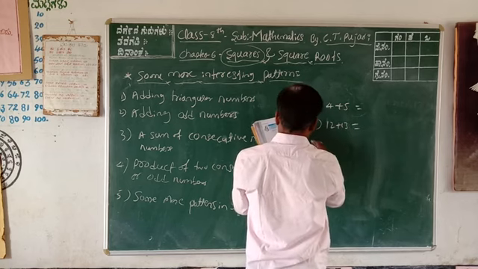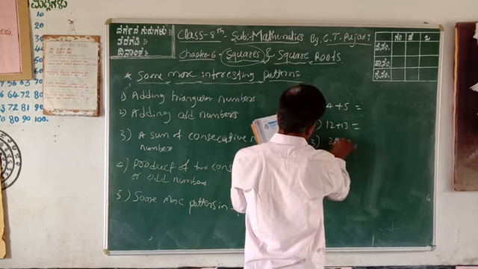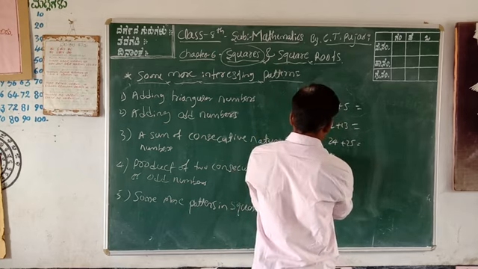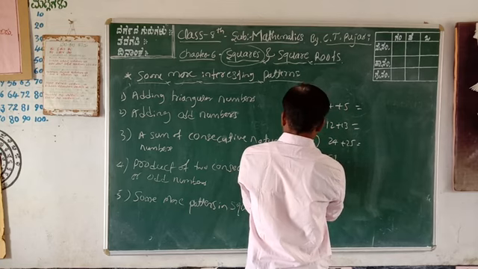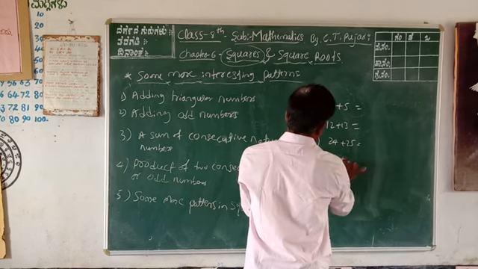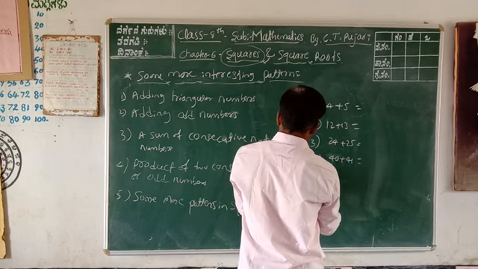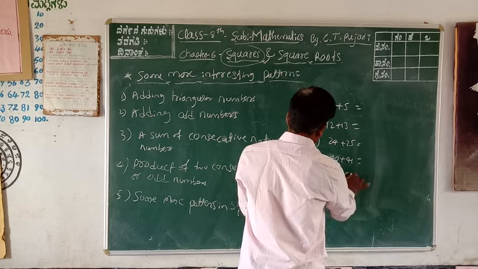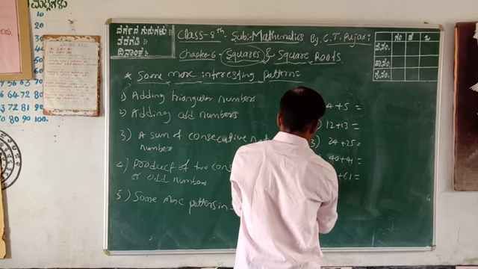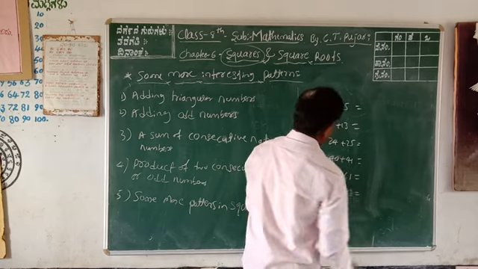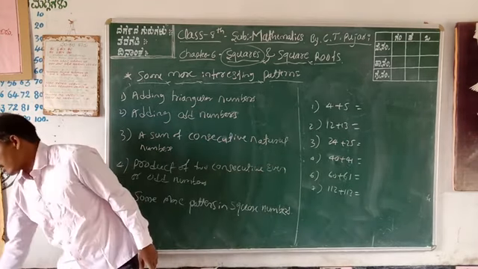The third one, 24 plus 25, and so on. And also 40 plus 41. The sixth one, 60 plus 61, and the next one, 112 plus 113. These all are consecutive natural numbers.